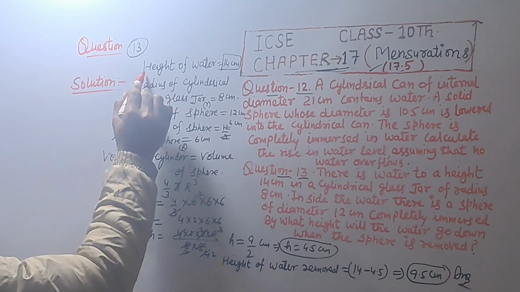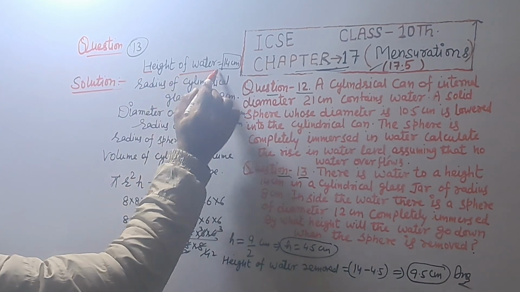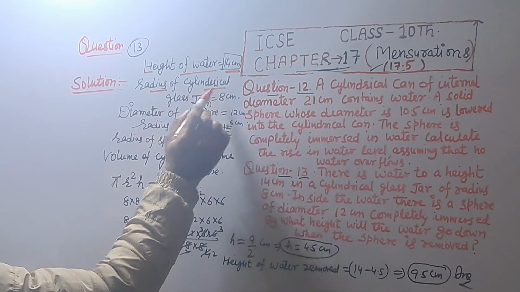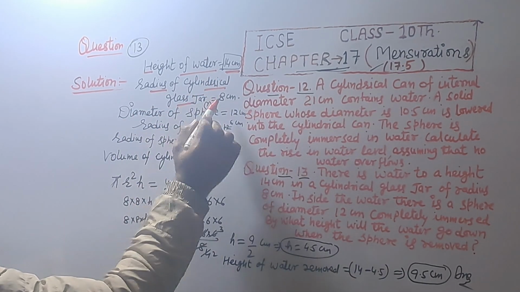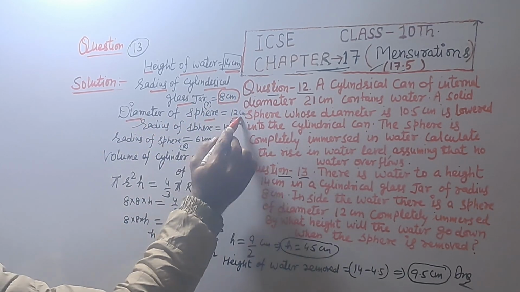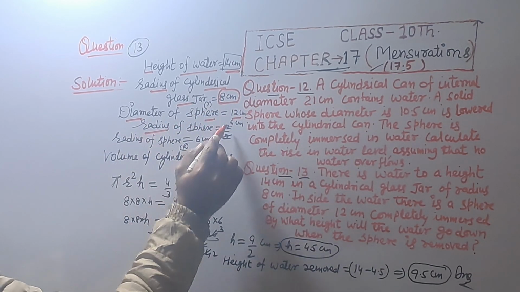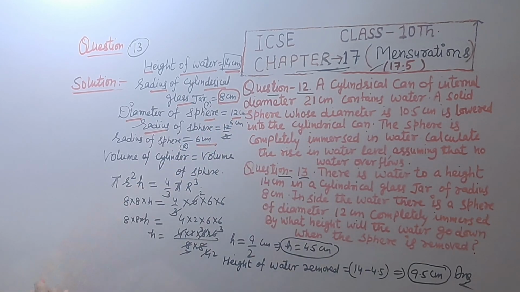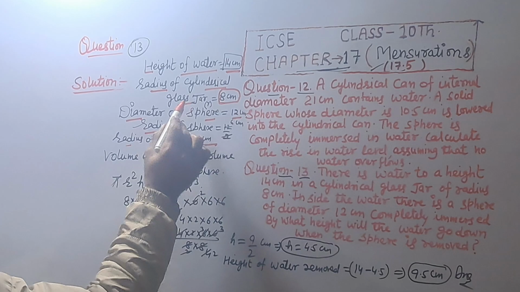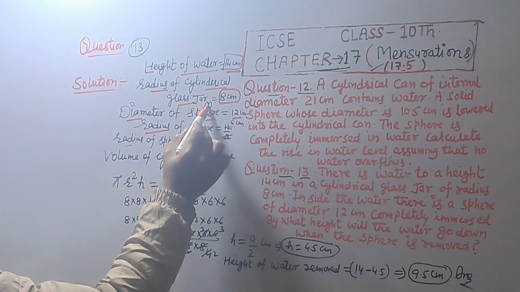Answer. Let height of water be 14 centimeter and radius of cylindrical glass jar equal to 8 centimeter. Diameter of sphere is 12 centimeter. Its radius is 12 upon 2, that is equal to 6 centimeter. Radius of sphere is capital R, radius of cylinder is small r.